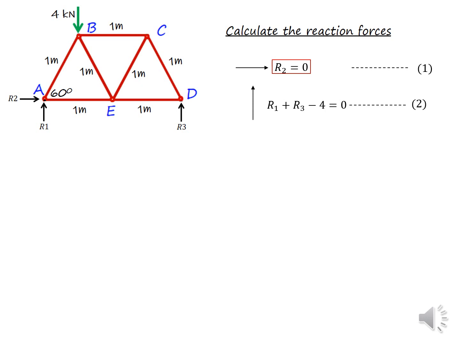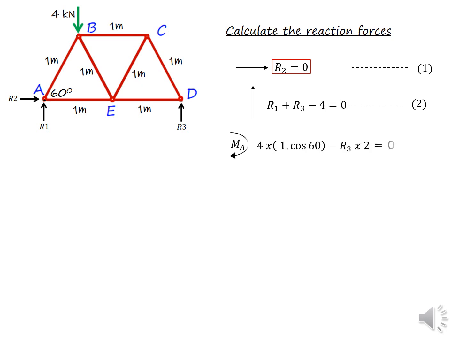The arrows pointing upwards are positive, so R1 and R3 are positive. The downward force 4 is negative. So the equation is R1 plus R3 minus 4 equals 0, so R1 plus R3 equals 4.